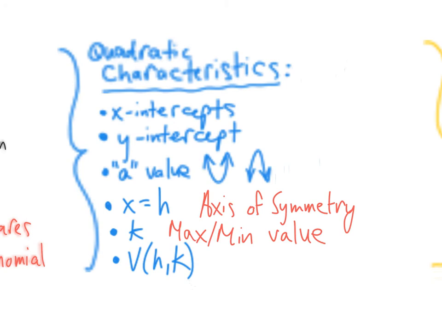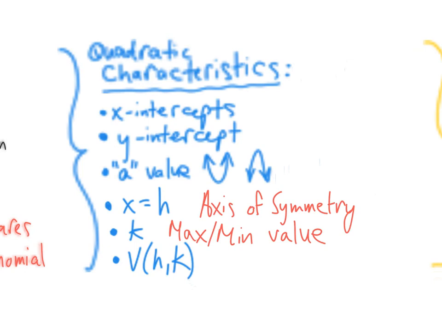The y-intercept can be discovered from the standard form, the c value, and the x-intercepts are discovered in the factored form, the r and the s values. The a values in both forms, and that helps us with our direction and our opening, our max and min ideas. The midpoint of the x-intercepts reveals to us the axis of symmetry, which is the x-coordinate in the vertex.